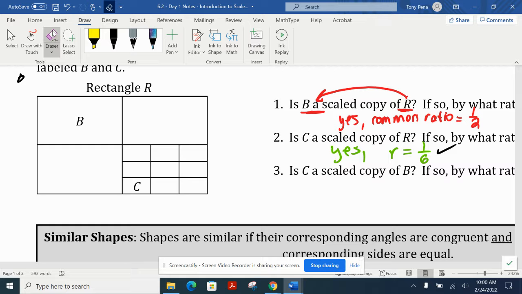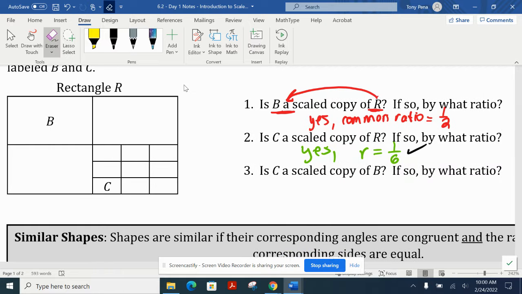What did we do to B? Because B is obviously bigger than C. How did we take rectangle B and reduce it down to the little rectangle letter C? All right. Can you get it? That's pretty good already if you're able to see that.